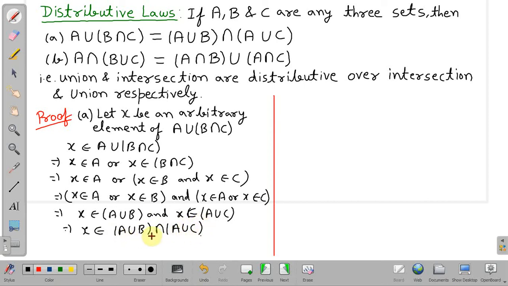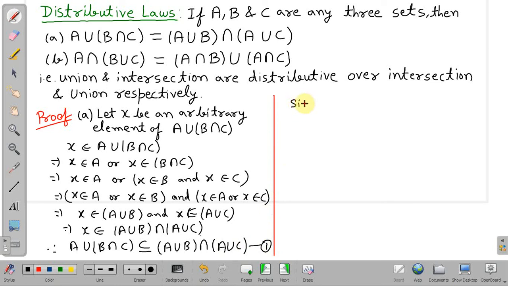So if you notice here, we started by assuming that x is an element of A union (B intersection C) and concluded that x is also an element of (A union B) intersection (A union C). So we can say that A union (B intersection C) is a subset of (A union B) intersection (A union C). Okay, so this is our equation 1.